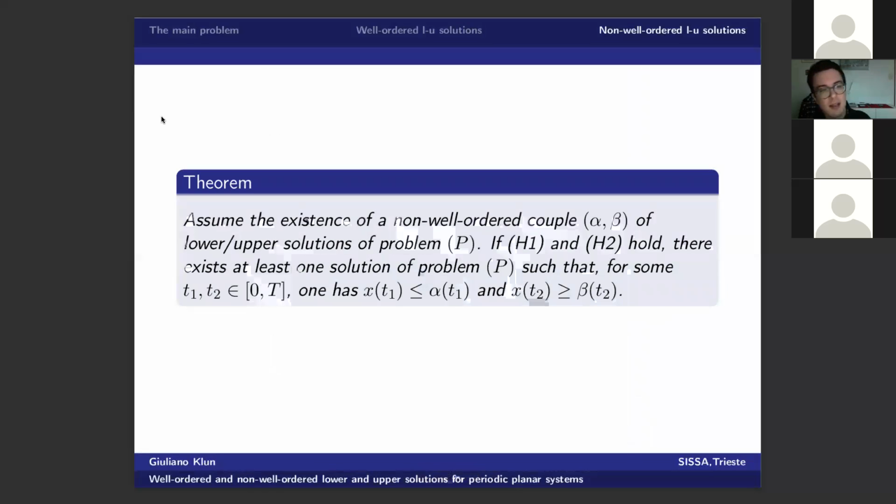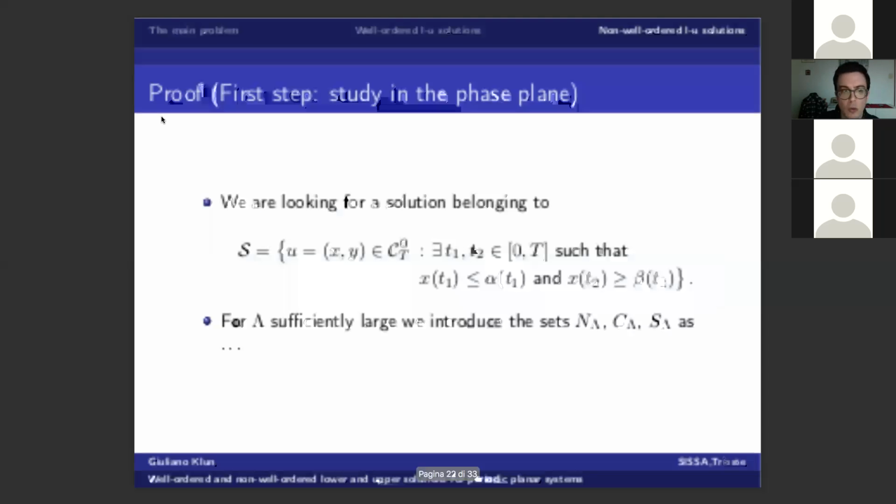So we can state our existence result, which is the following. Assume the existence of a non-well-ordered couple of lower and upper solution for P. If H1 and H2 hold, then there exists at least one solution of the problem P such that the x component is less than alpha at a point T1, and the x component is greater than beta at a point T2.